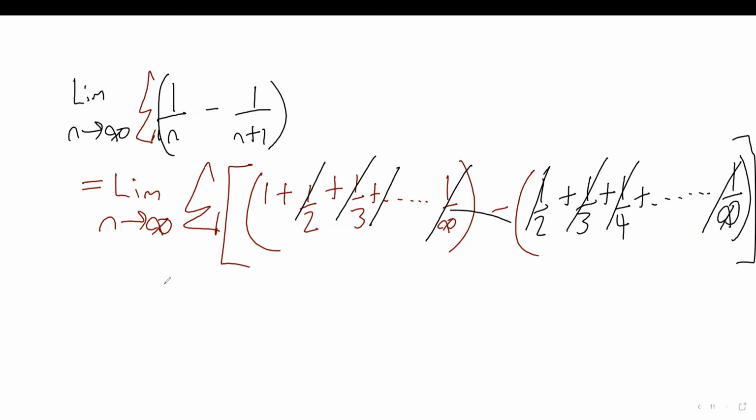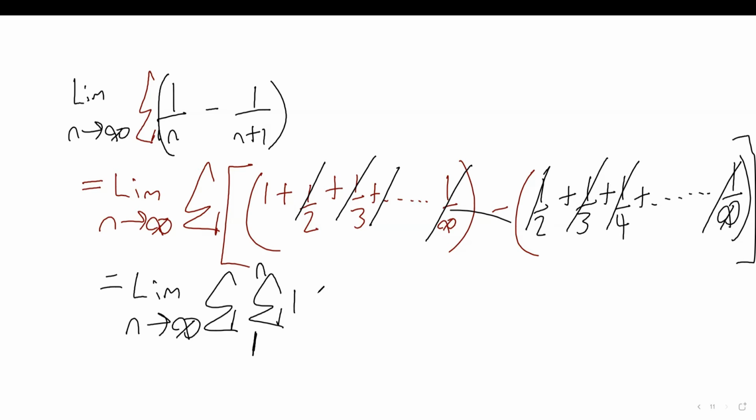So what we're left with is the limit as n approaches infinity of the sum from 1 to n of 1. Now, the sum from 1 to n of 1 is just n.